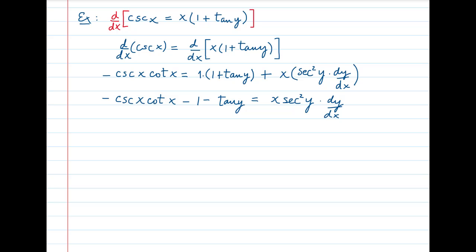I moved everything else to the left, and then finally I'll swap the two sides here just because I'm used to having dy/dx on the left, but it's the same thing. And then to solve for dy/dx, we'll just divide by x times secant squared of y.